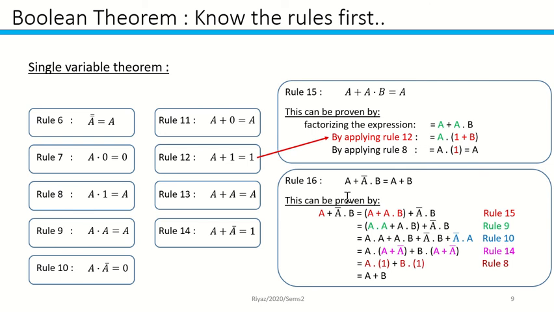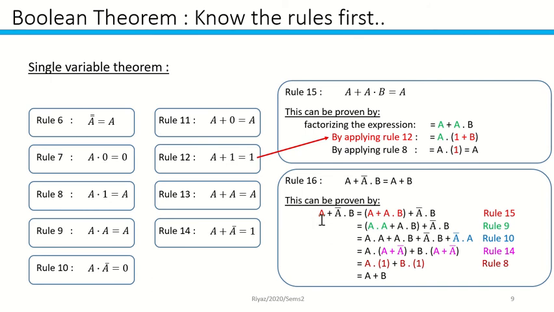Rule number 16 is A plus A bar dot B is equal to A plus B. How are you going to prove this? By using this method. First, you apply rule number 15.